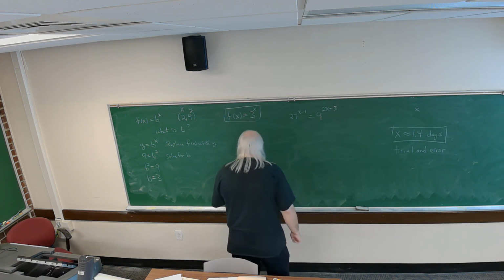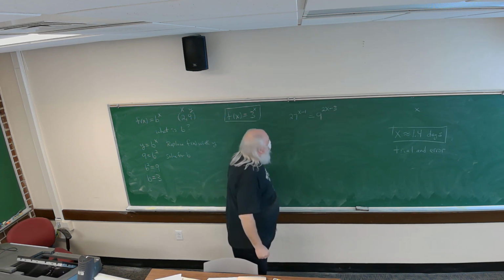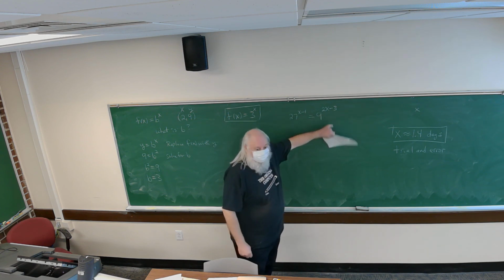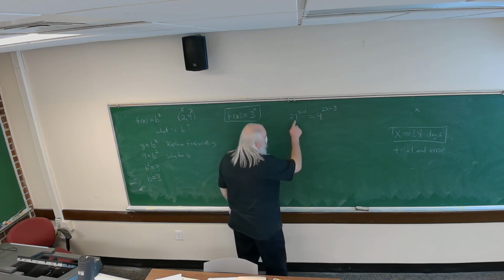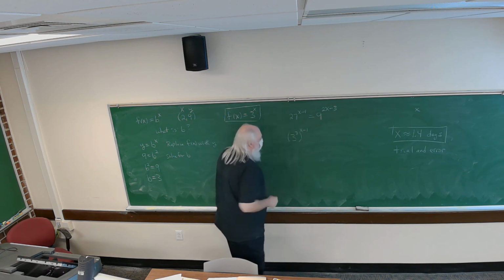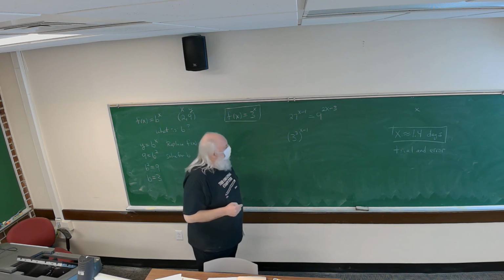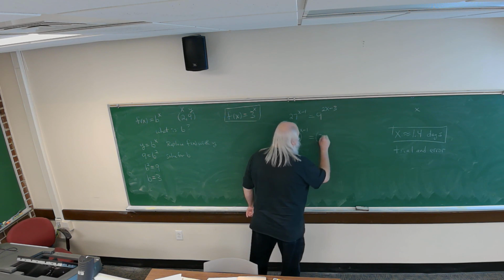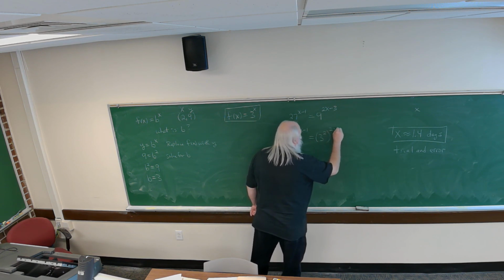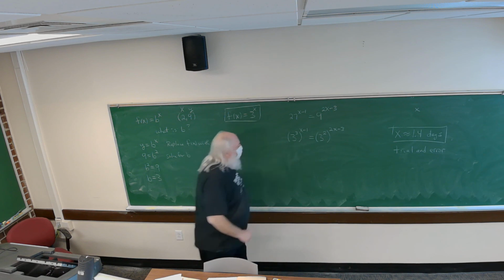Okay. All right. Well, we can't just equate these two exponents to each other because the base of the exponential on the left is different from the base of the exponential on the right. But if you look closely, 27 is equal to 3 cubed. So I'm going to replace 27 with 3 cubed. And 9 on the right is equal to 3 squared. So I'm going to replace it with 3 squared.